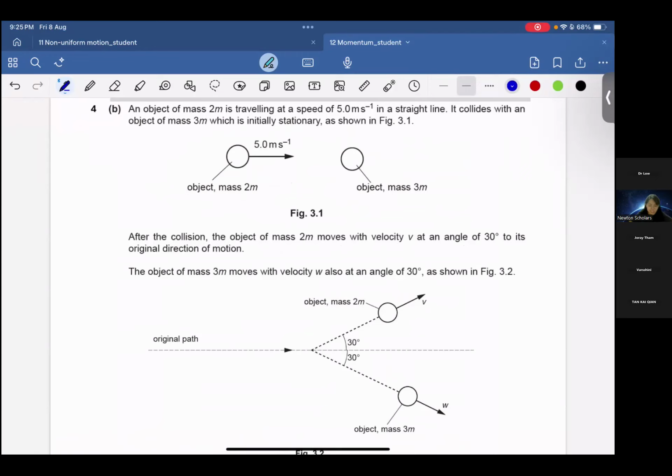Something like simultaneous equations to solve the problem. Can any of you get the answer or not?